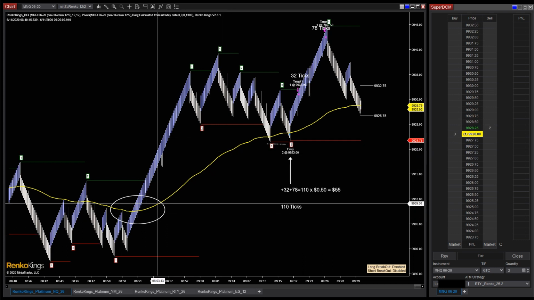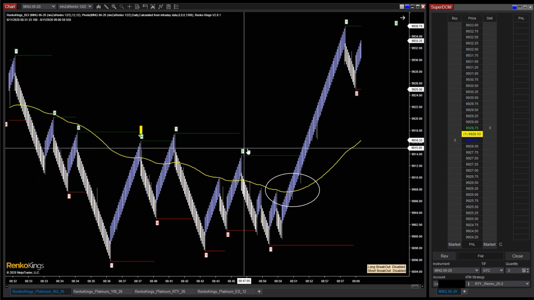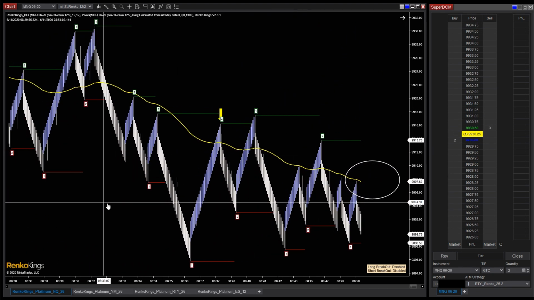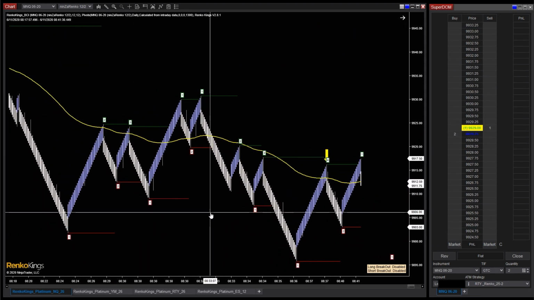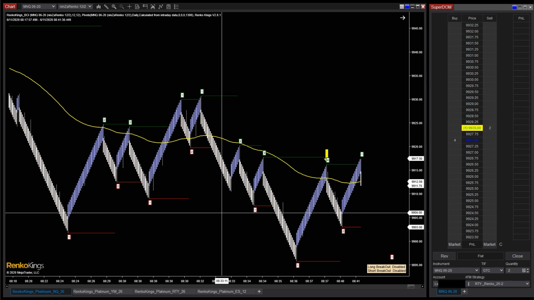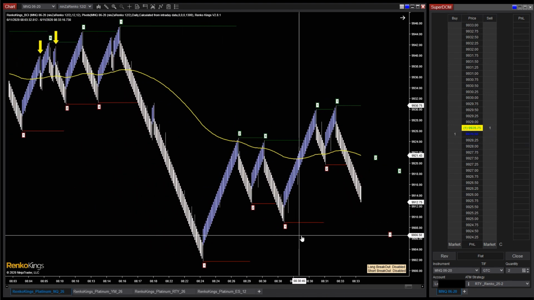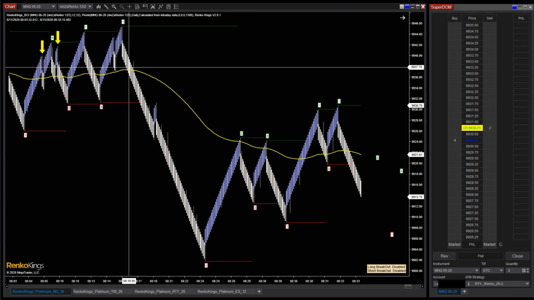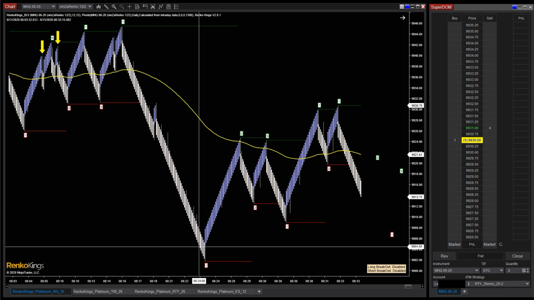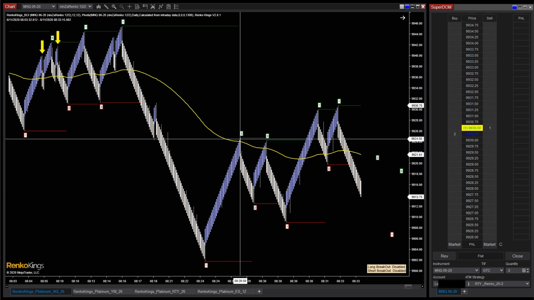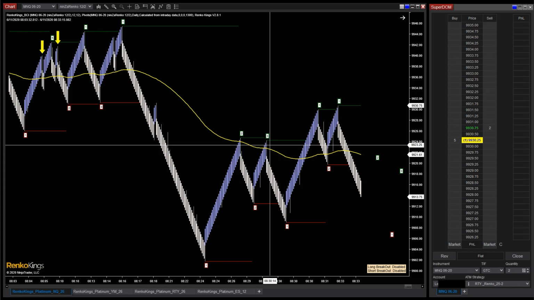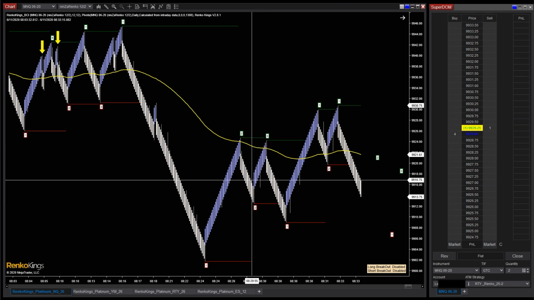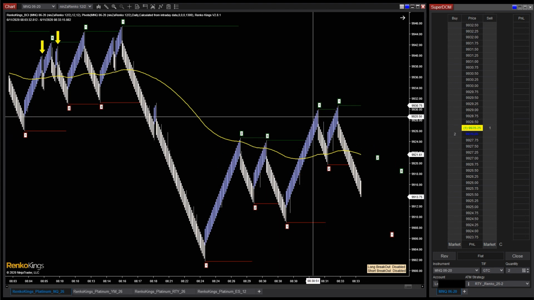Because when you take the first bounce off of the trend line after a transition, okay, here's a transition. We broke lower. Here's our first touch. Okay. We come back and touch it again. We don't know if we're just going to continue through like what happened over here.